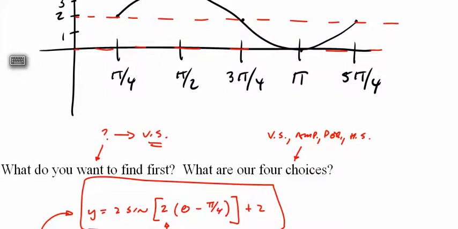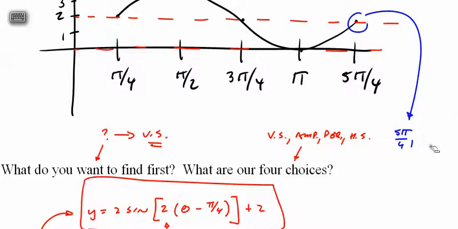Now the next question I ask is, can we check it? And of course we can. One of the great ways to check it is by plucking a point off. Let's take this one here. This is the point 5 pi over 4, comma 2. So plug that in and see if we get what we're supposed to get.